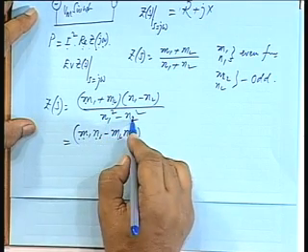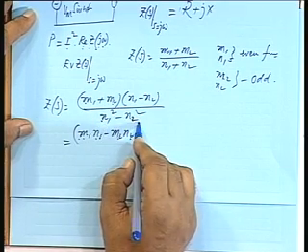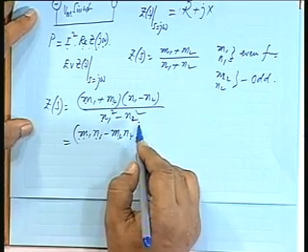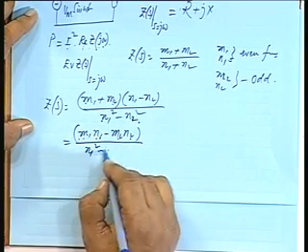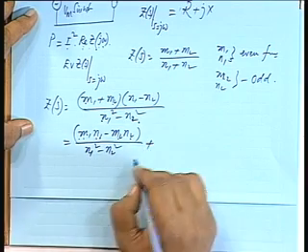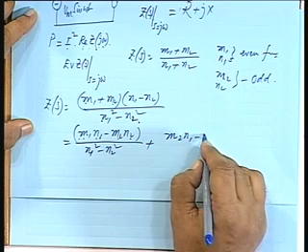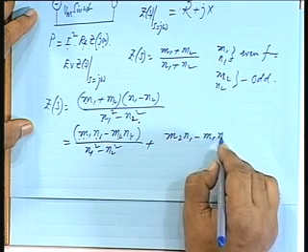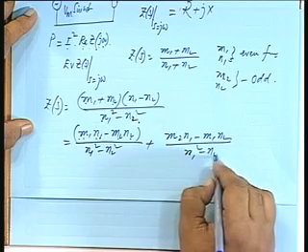This is an even function, even square minus odd square will also be an even function. So, even function divided by another even function plus M2 N1 minus M1 N2 divided by N1 square minus N2 square.